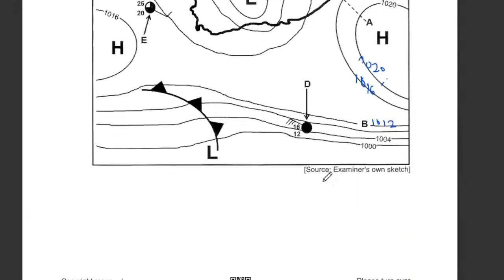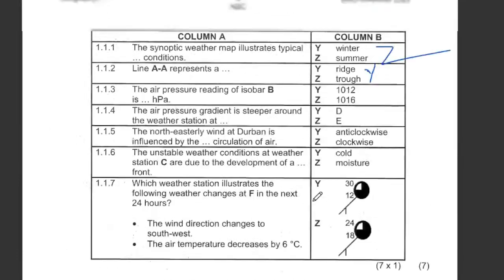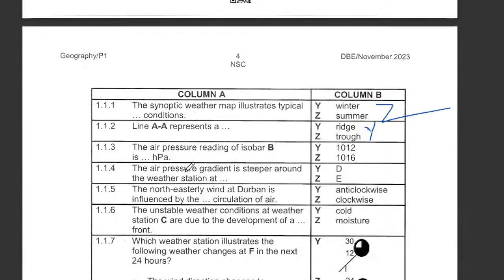Okay. Do we have that option there? The option is available. Even when you check here, if you use this one, it will give you 10, 12 as well. But this is 10, 16 minus 4, it gives you 10, 12. So when you use the high pressure, it will give you answer B. So the answer for B automatically is Y.